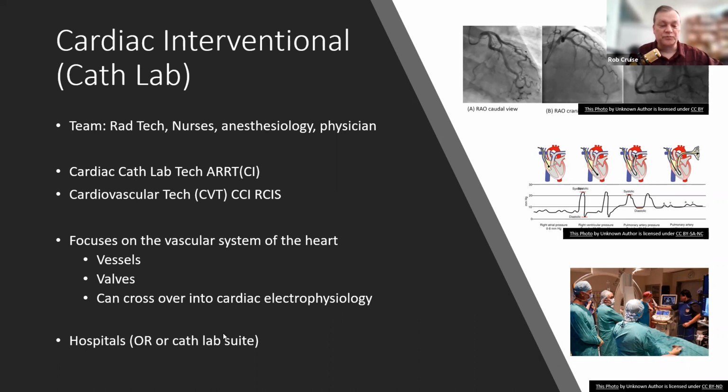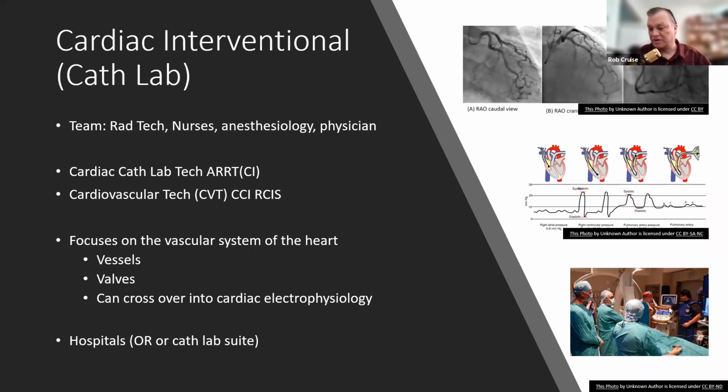All right. You'll find these in the hospital or surgical hospitals, if you have a backup for cardiothoracic surgery. So it just depends. And a Cath Lab suite is an OR suite with just special equipment in there. So you'll get the sterile protocol, etc. And here's a team of people working.